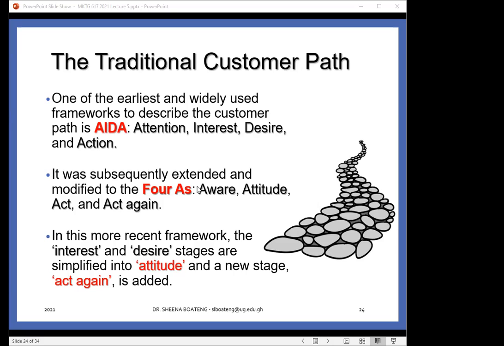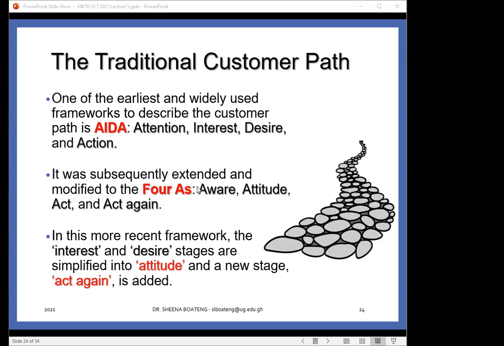And we want the desire among the competing alternatives to be stronger for our specific brand of product and service. And once we succeed in making the desire for the products and services that we offer high, they will end up taking the ultimate action and going ahead to actually purchase our products and service to satisfy their need.